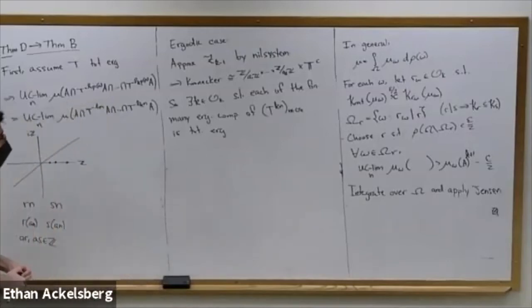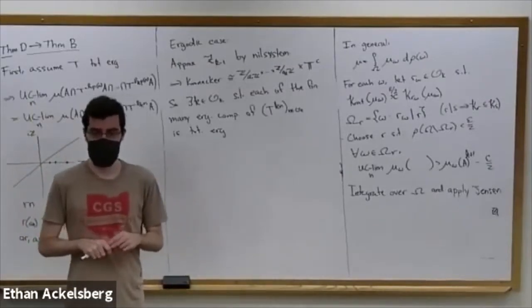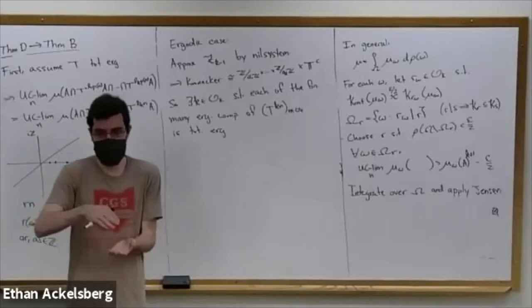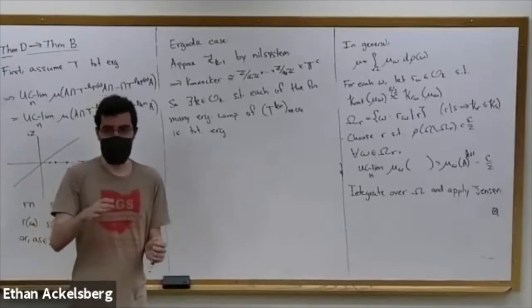If you want, you take T to the k, and so you say totally ergodic on the entire system. Okay. And so the point is, if you're totally ergodic on the Kronecker factor, you're totally ergodic on the whole system. Because the Kronecker factor contains the rational Kronecker factor, and any failure of total ergodicity is captured by the rational Kronecker factor.